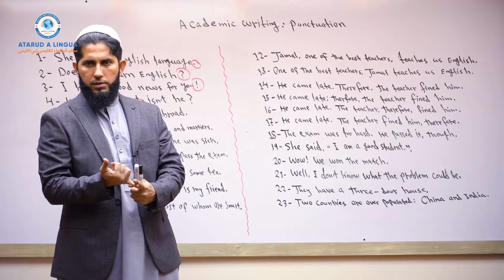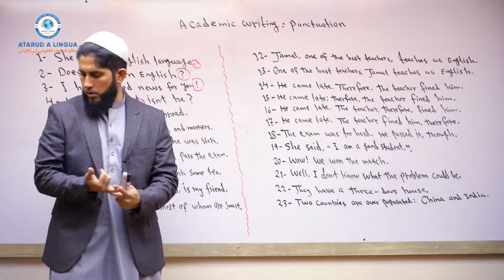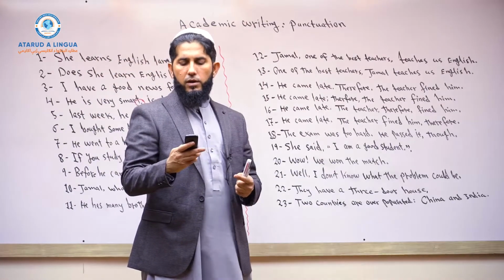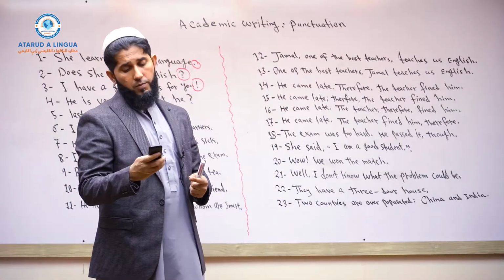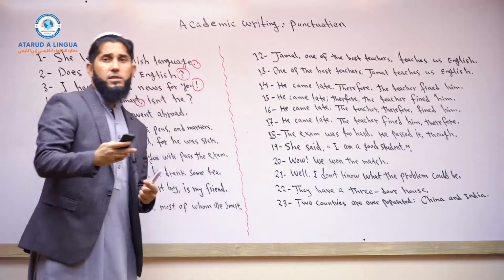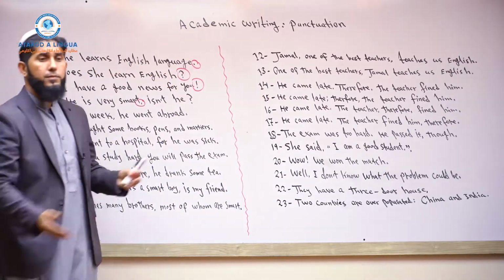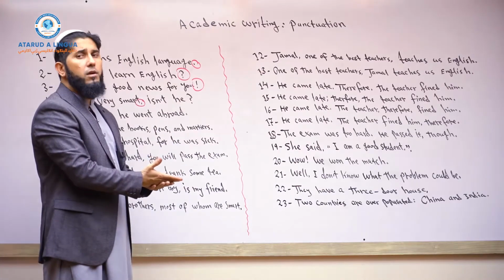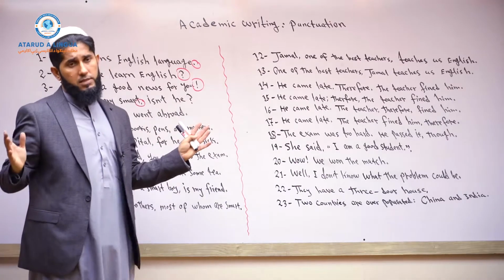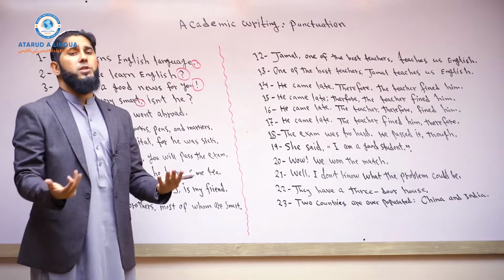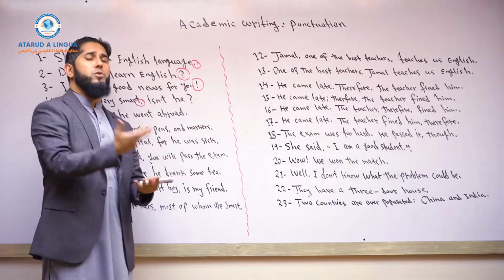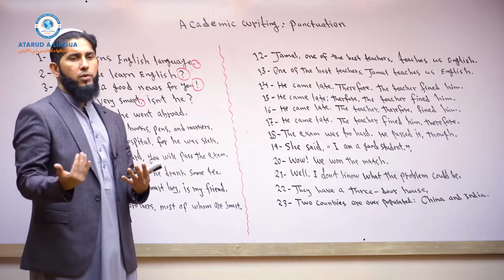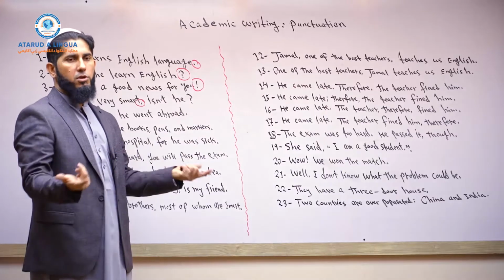Dot or period, question mark, exclamation mark, and commas. Most of the sentences are related to the usage of comma, because comma is commonly used in many cases. And a lot of English students, I'm talking about those students who are trying to improve their writing skills in English language, have problems with the usage of comma, okay?